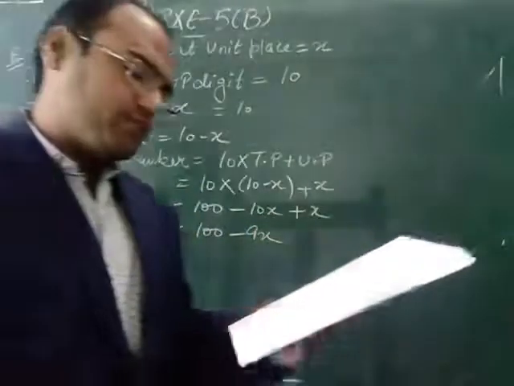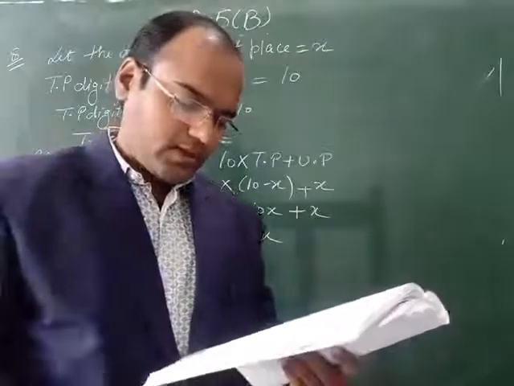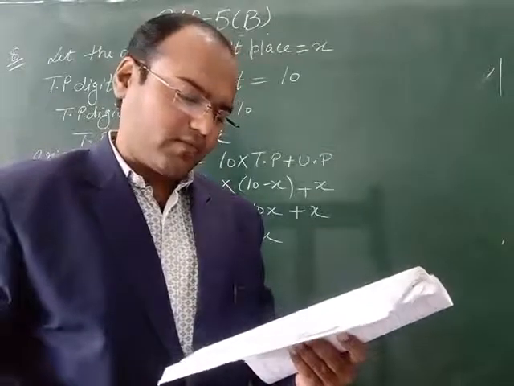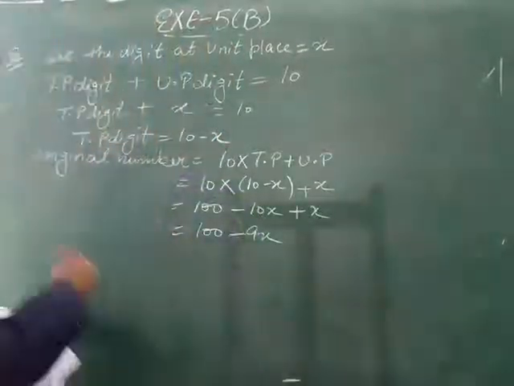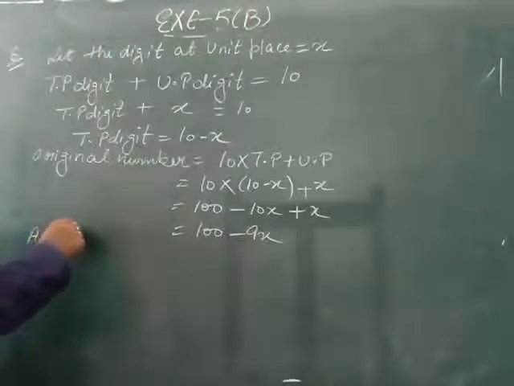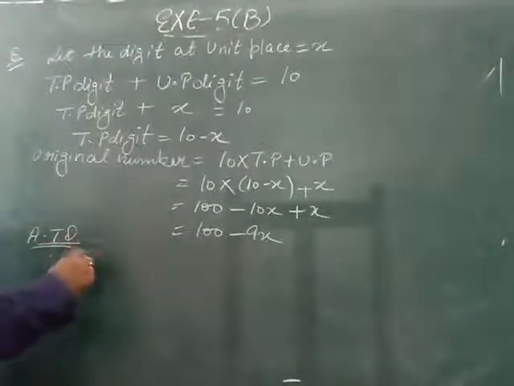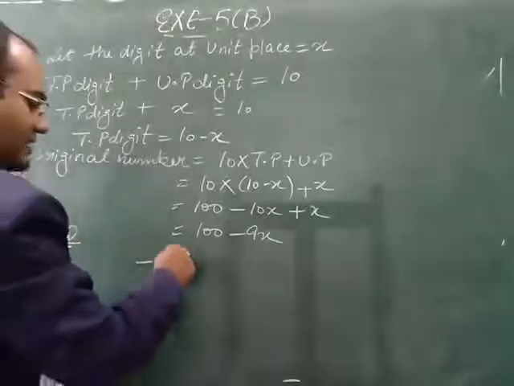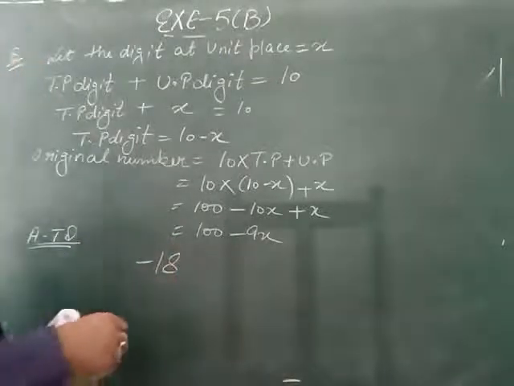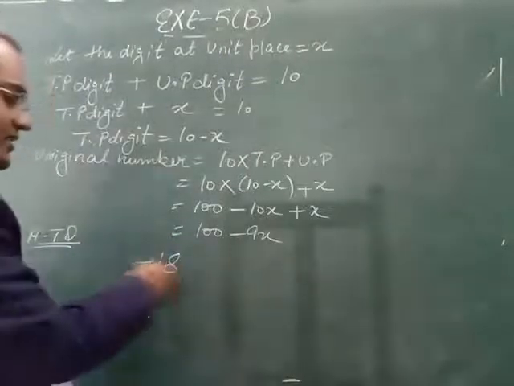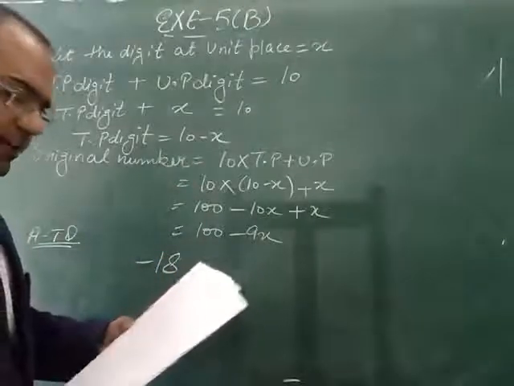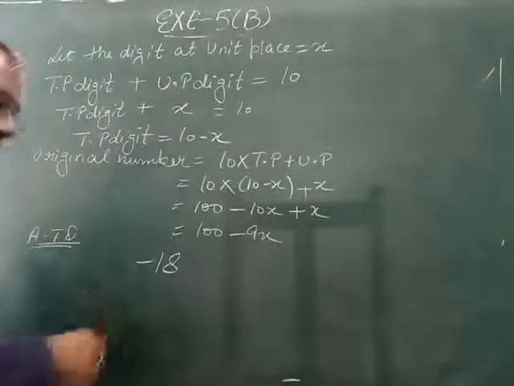Now what is the question? If 18 is subtracted from the number, according to the question. If 18 is subtracted, so minus 18 we will do. In which number we have to subtract this 18? From the number we have to subtract 18.